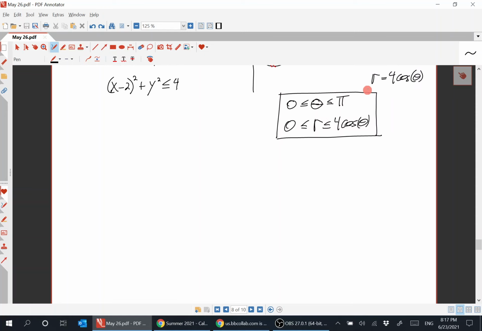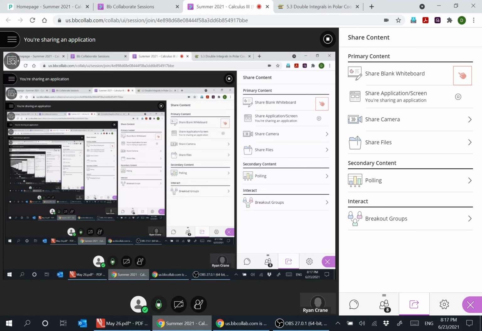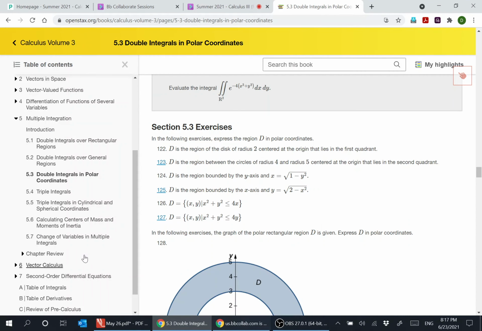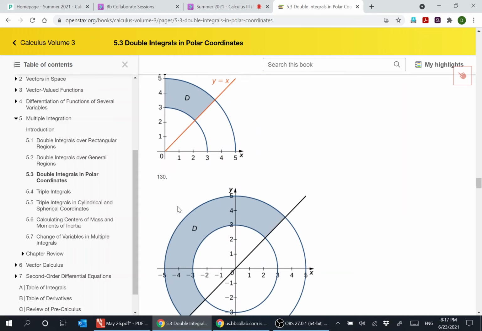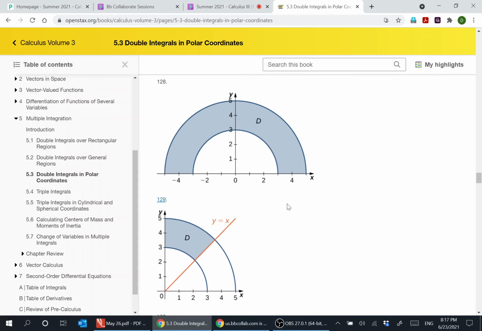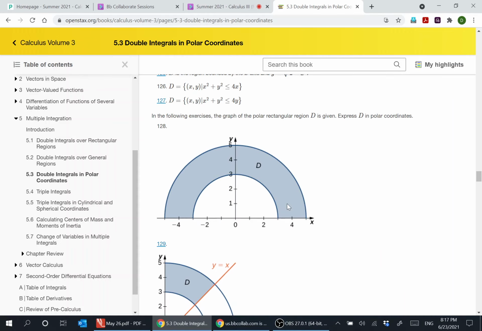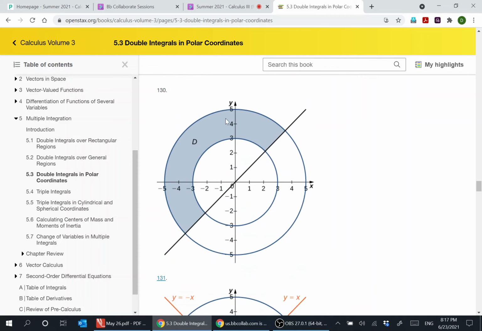So 126, 130. Same thing. Express in polar coordinates this region here. Well, this is r from 3 to 5 and theta from pi over 4 to 5 pi over 4.